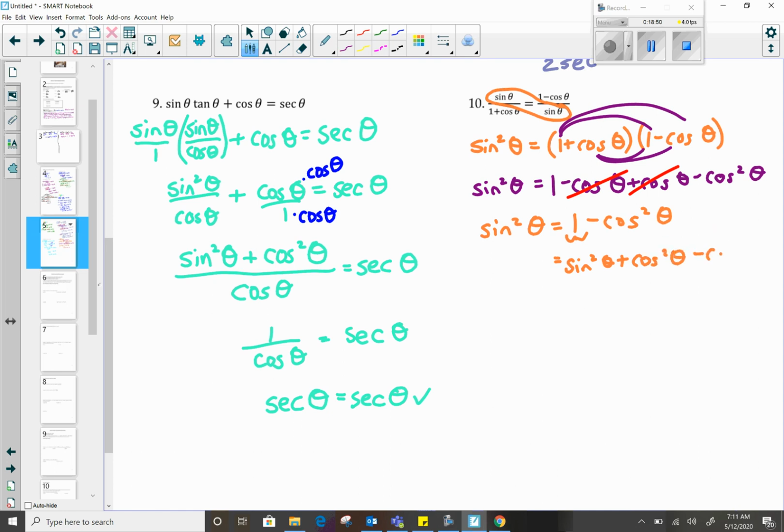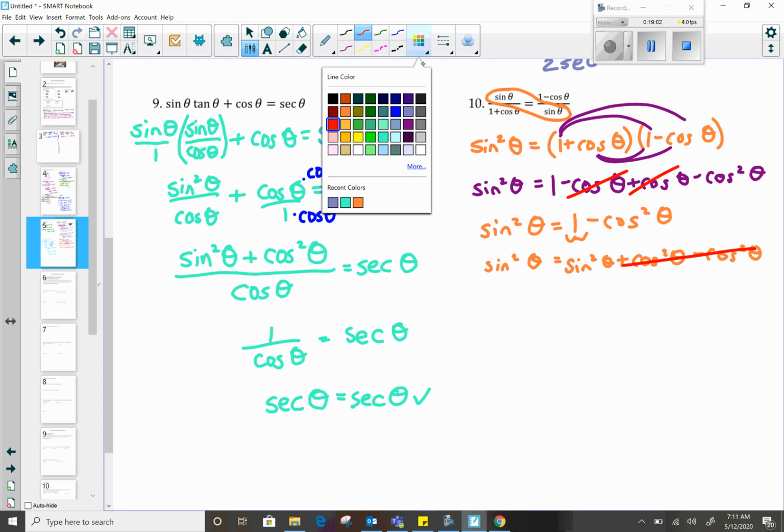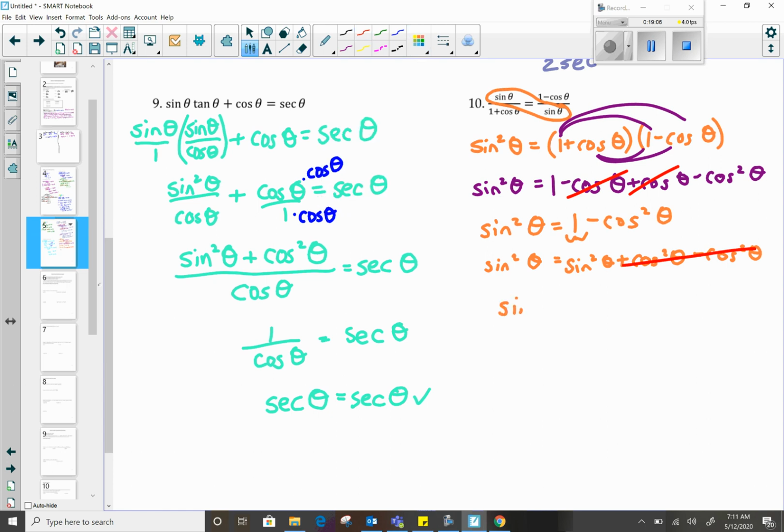Bring down the minus cosine squared. Bring down the sine squared. Okay, and then we can cancel these bad boys off. And we just end up with sine squared equals sine squared. Cool, and that checks out.